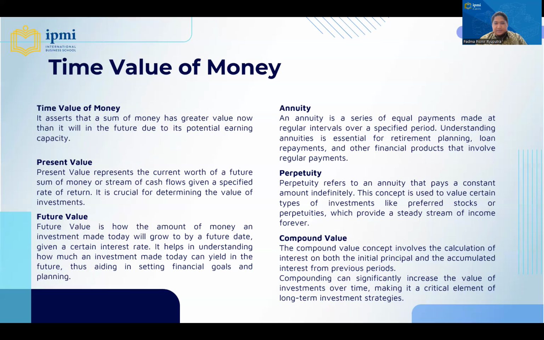This concept is used to value certain types of investments like preferred stocks, which provide a steady stream of income forever. Compound value involves the calculation of interest on both the initial principal and the accumulated interest from previous periods. Compounding can significantly increase the value of an investment over time, making it a critical element of long-term investment strategies.